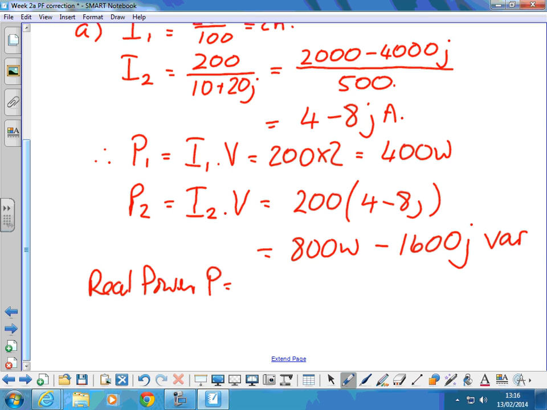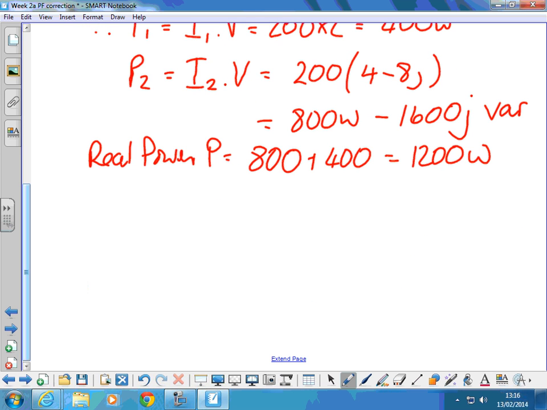So the real power P is equal to 800 plus 400 equals 1200 watts. Q is 1600 var.